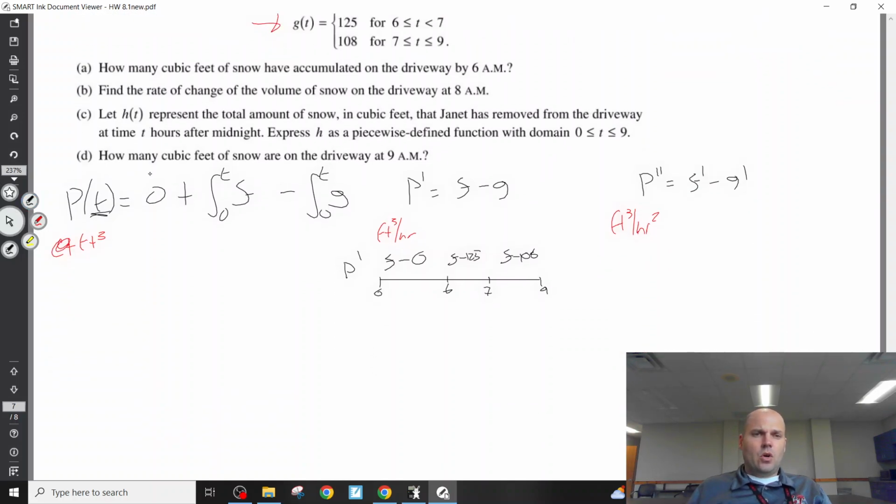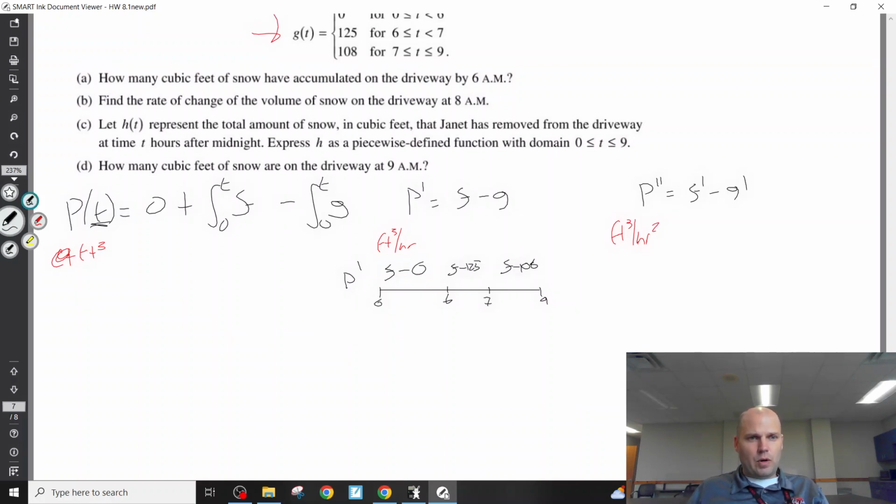Okay? Which means my total amount might be tricky because if I were to say my total amount is my initial plus my displacement, well, P prime is different depending on what the interval is.